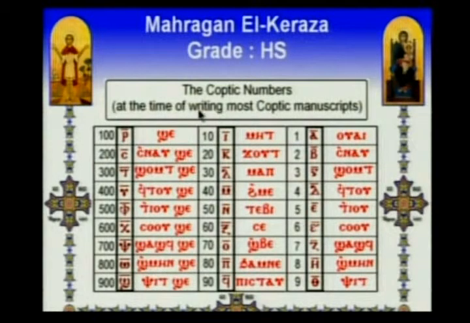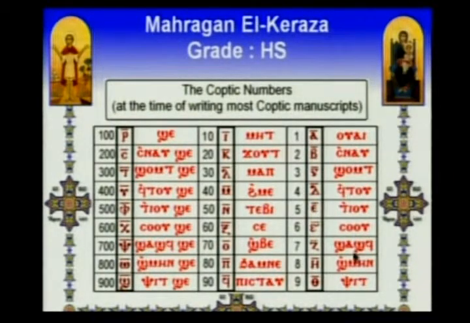Here I want to show you the shape of the letters, or the numbers, in the Coptic alphabet, the way they used to write it at the time of the manuscripts. As you can see, the whole system of letters was composed of 3 columns of 9 each.